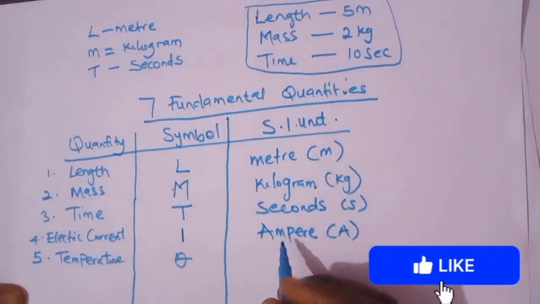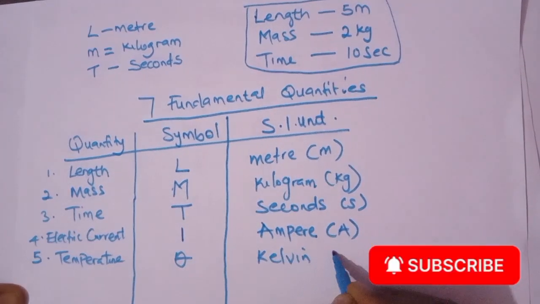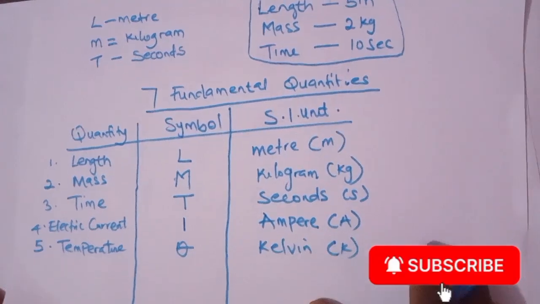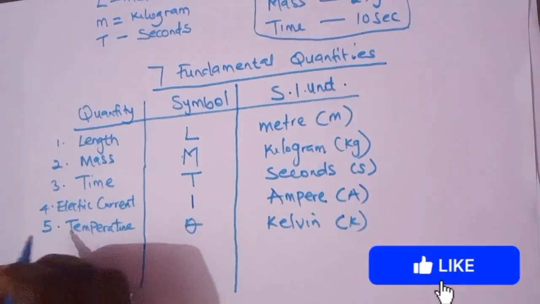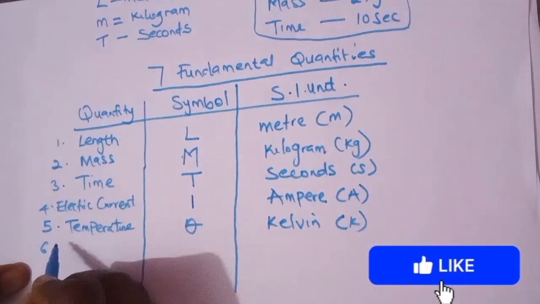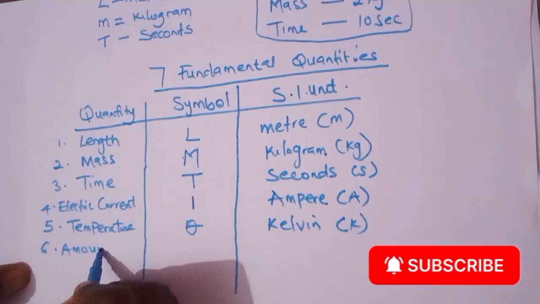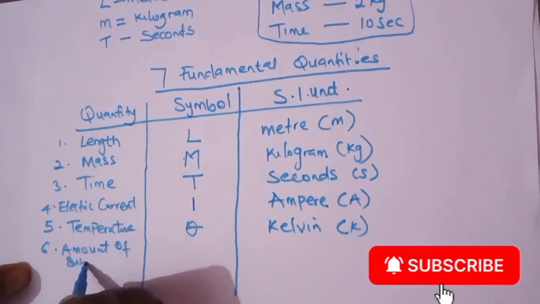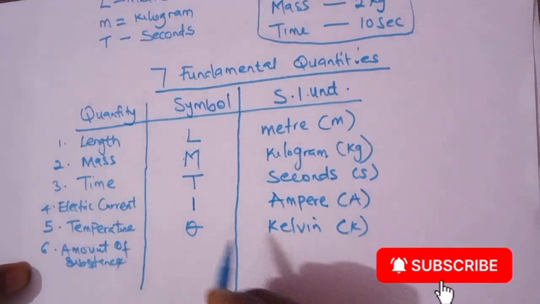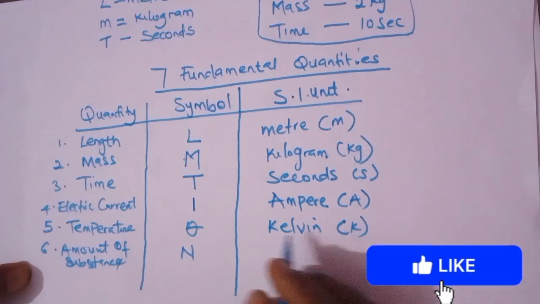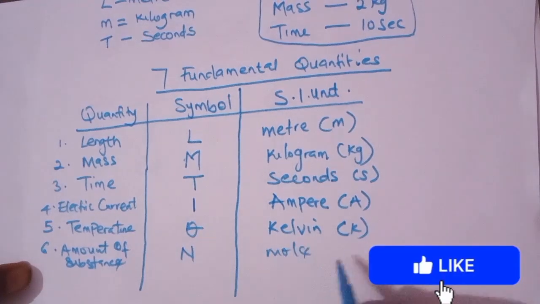This is the symbol and it is measured in Kelvin. The sixth one, amount of substance. The symbol is capital N and it is measured in mole.